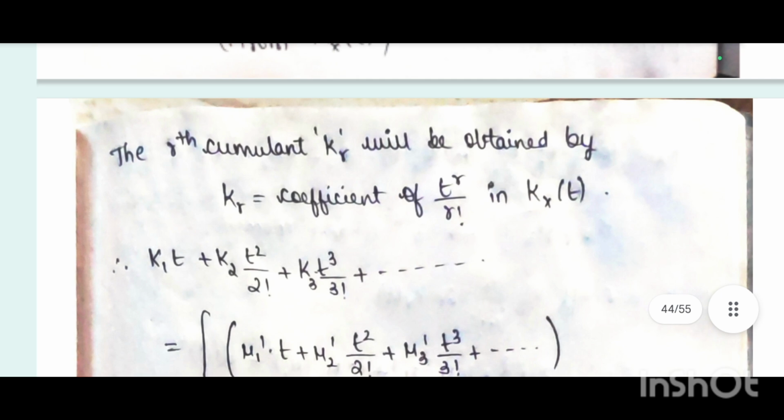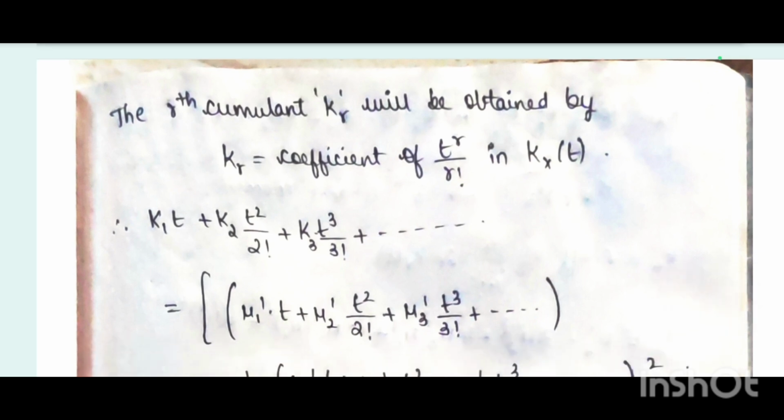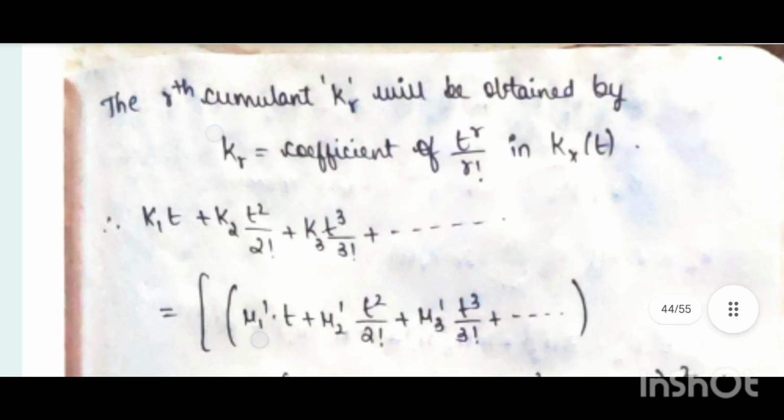In general, the rth cumulant Kr is to be obtained by expansion of the coefficient of t to the power of r divided by r factorial.